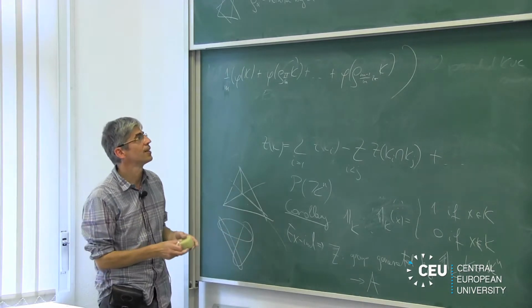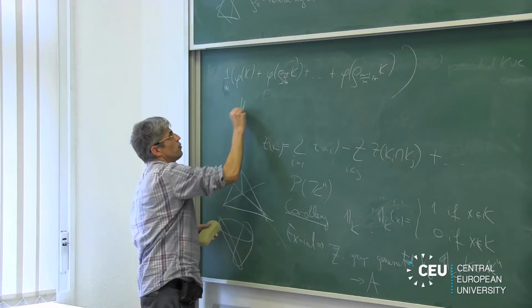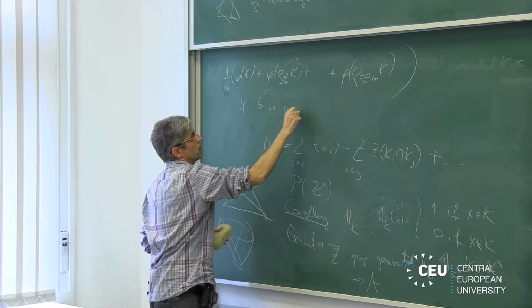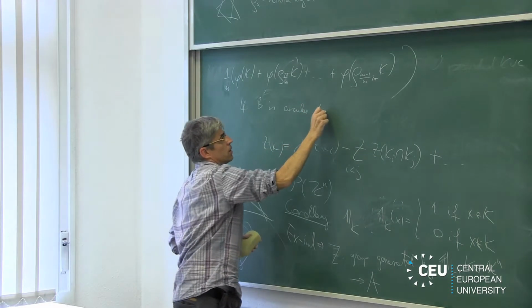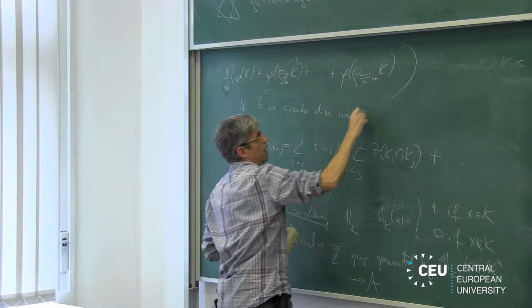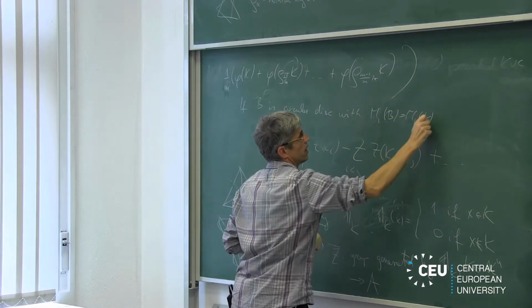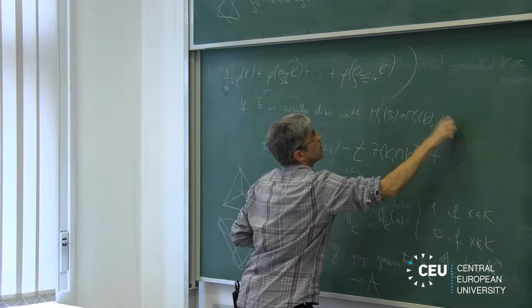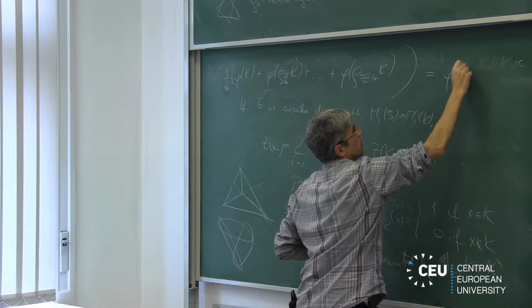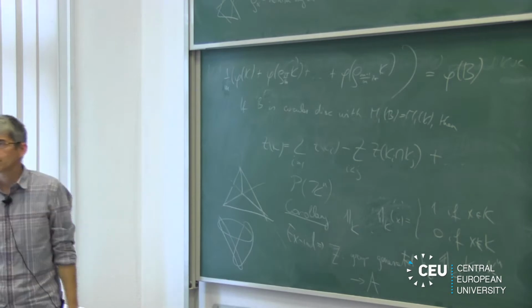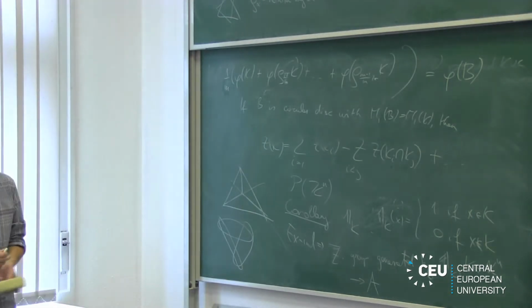So what you get is that if B is a circular disk with m1 B equals m1 K, then this is just phi of B. And this type of averaging is present in all arguments.